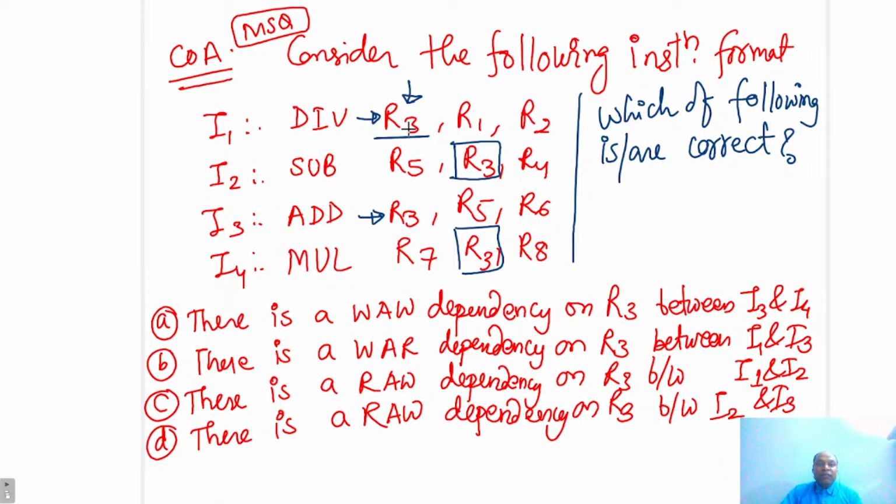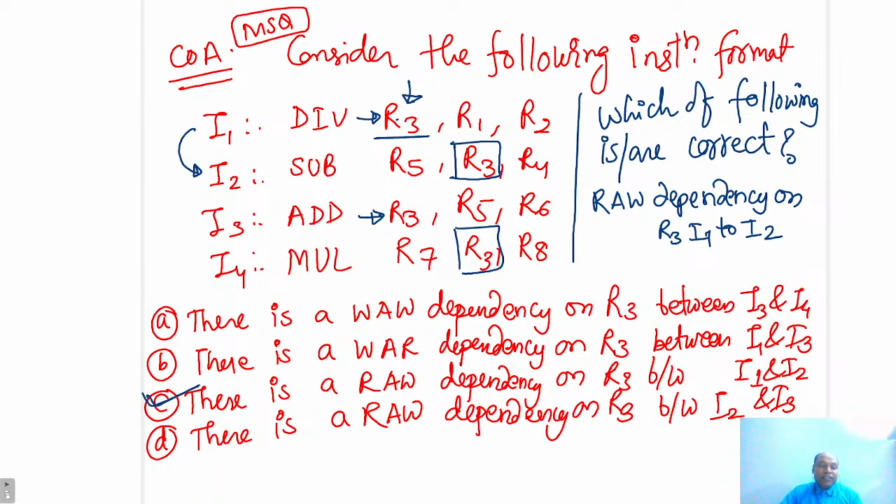Now there is a read after write dependency from I1 to I2. So I2 is reading after writing in I1. That means there is a read after write dependency on R3 from I1 to I2. So, read after write dependency on R3 between I1 and I2.